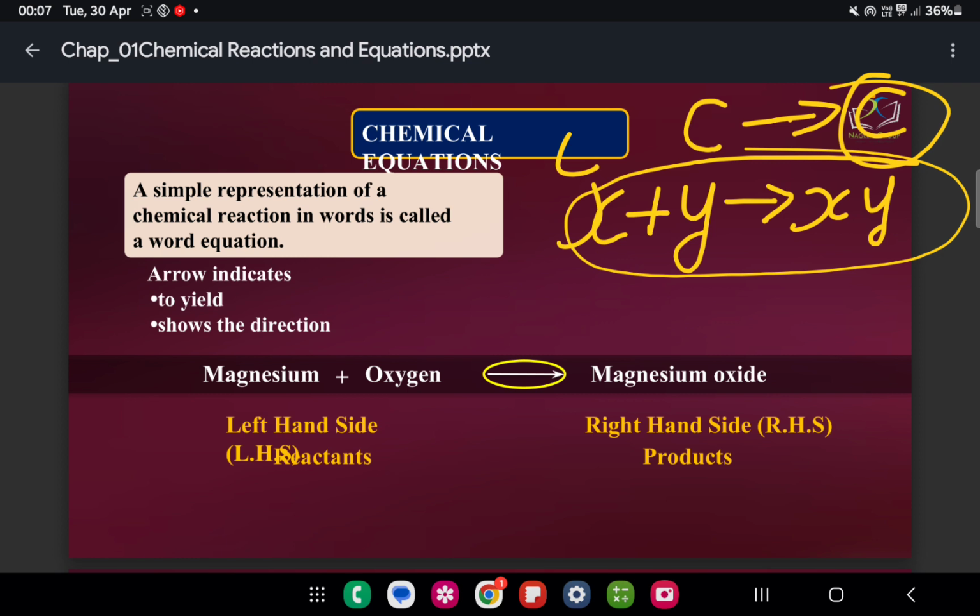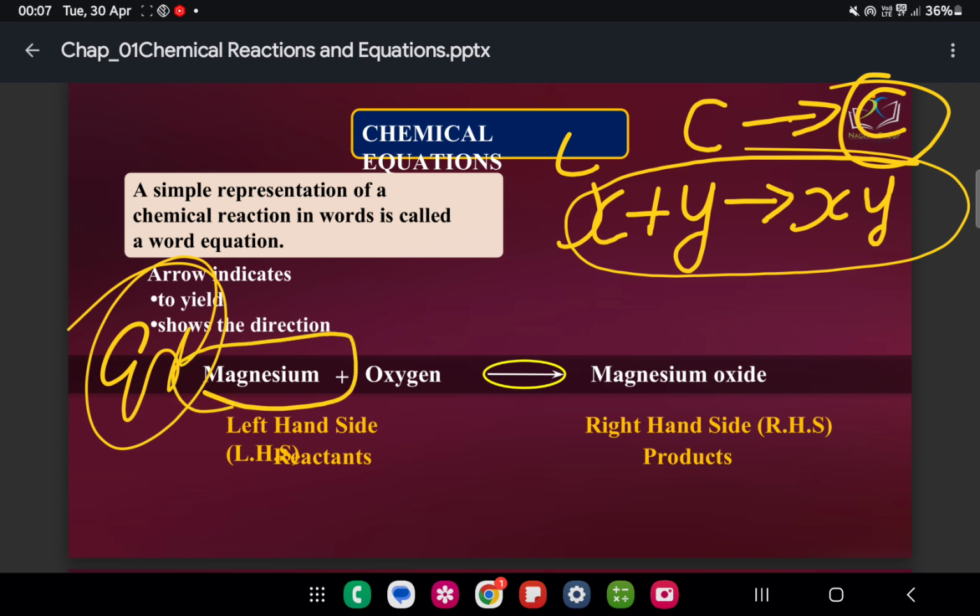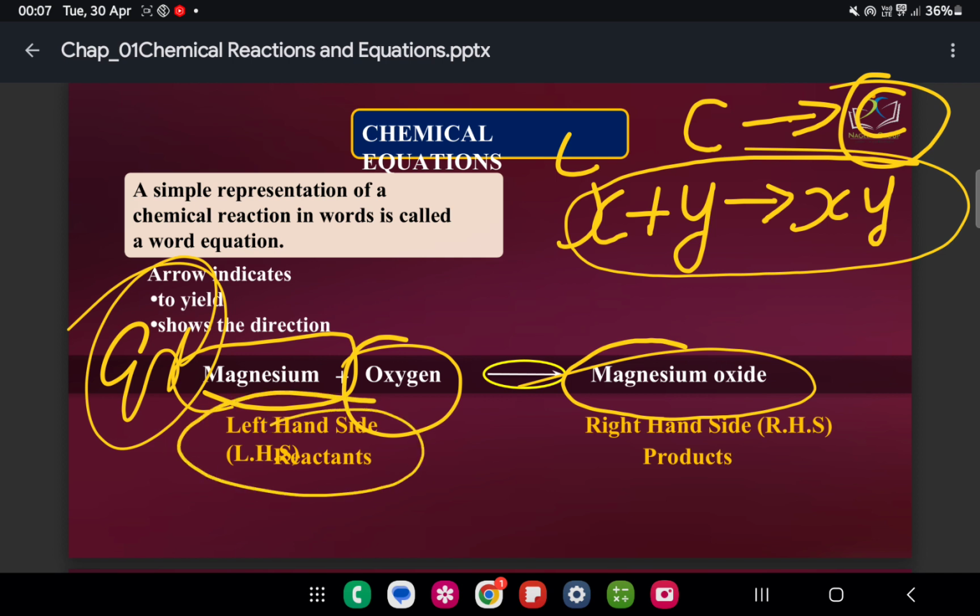Here is an example they have given. Magnesium reacts with oxygen to give magnesium oxide. Here the left hand side, magnesium plus oxygen, is called the left hand side, or reactants.